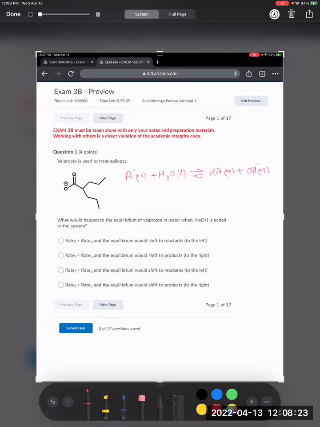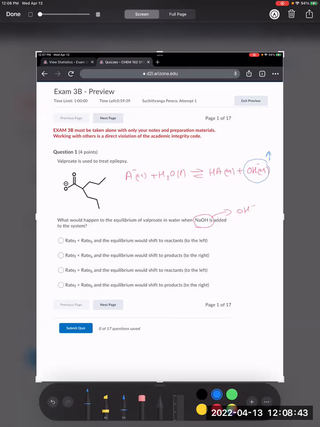Okay, and if you add NaOH, what this means is you are adding OH minus. That means you will be increasing the concentration of OH minus.